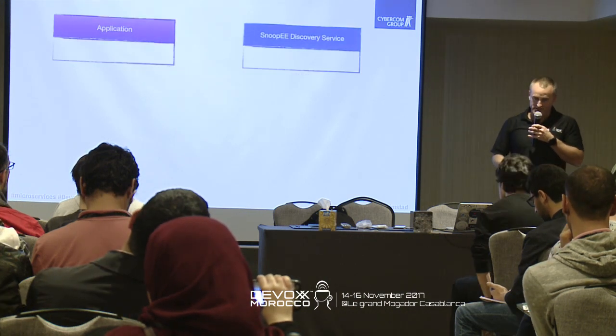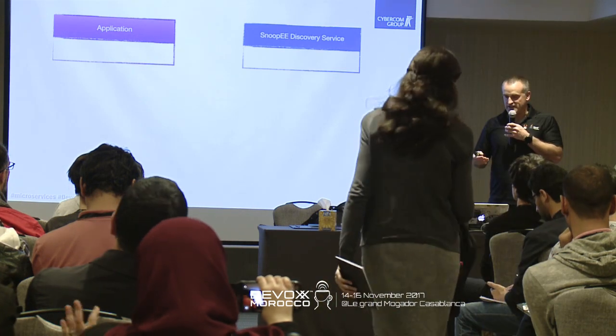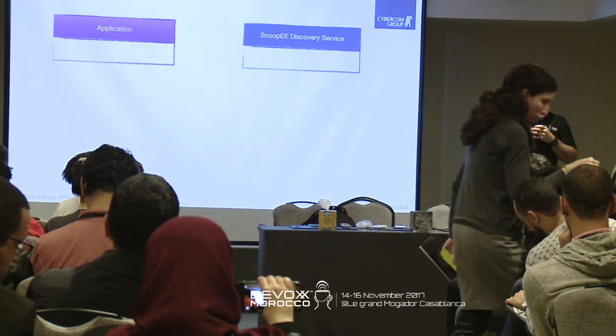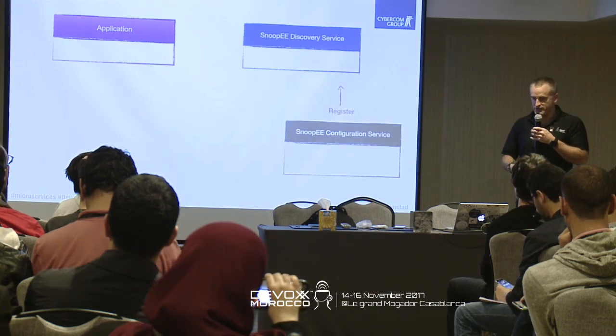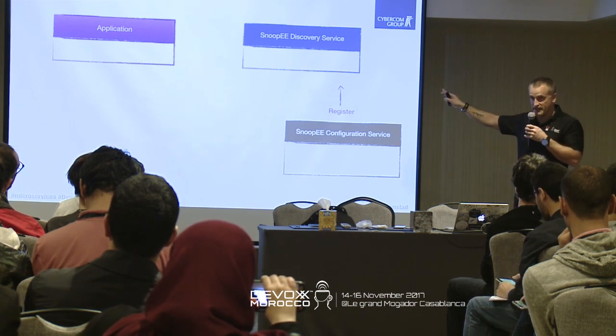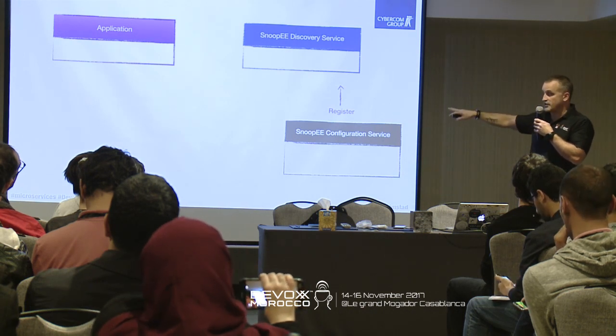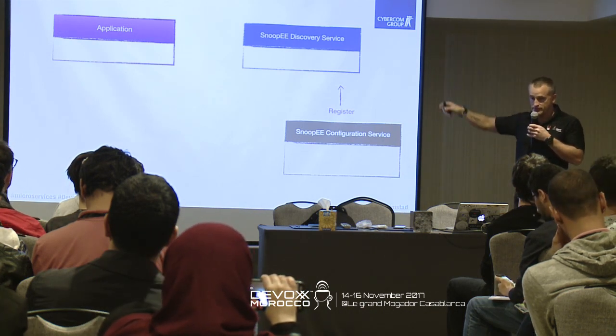The way Snoopy works is about the same as MicroProfile config, only I've introduced a configuration service. So I have a discovery service. I'll talk about discovery mechanisms later, but I have a discovery mechanism that this Snoopy configuration service registers itself with.